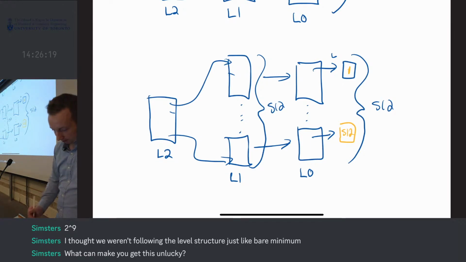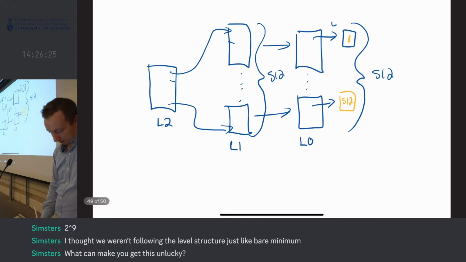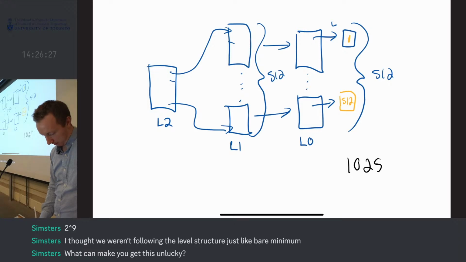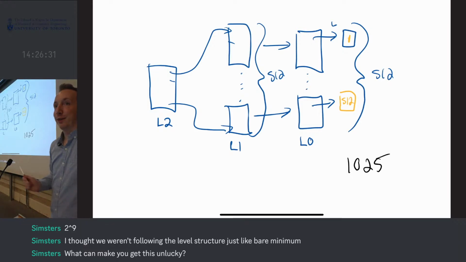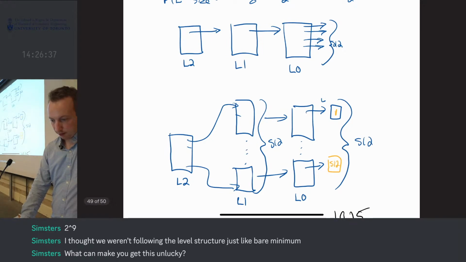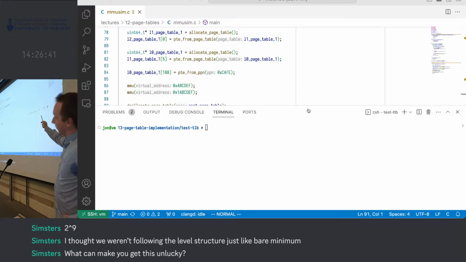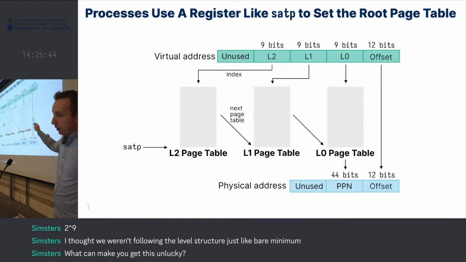So in this case, how many page tables do I have in the worst case? 1,025. It's pretty bad. So this is also a reason we like contiguous addresses, because of the way we chose which bits were used for what. Guess what?